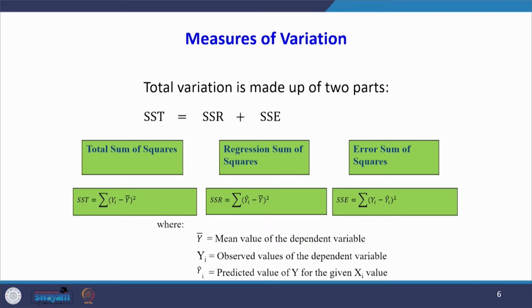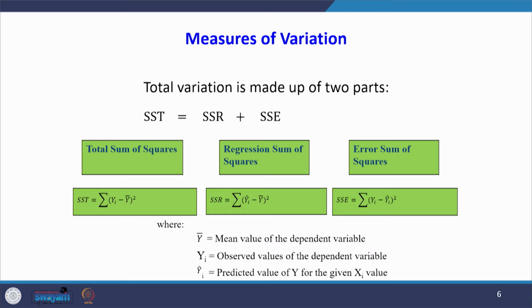Next, we are going to discuss the measures of variation. This concept is used to find out the goodness of our regression model. Here the total variance is made up of two parts. Total sum of squares equals regression sum of squares plus error sum of squares.